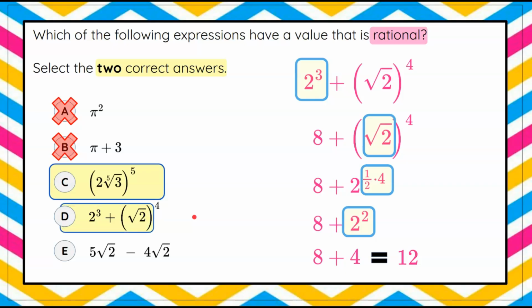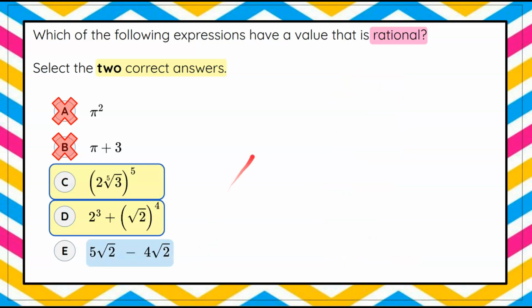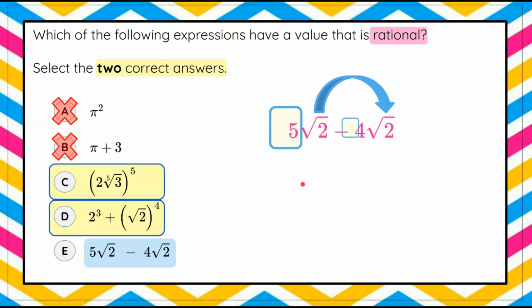So we have our second answer. I want to look at E just to be sure I have not made a mathematical error. When I look at 5 times the square root of 2, subtract 4 times the square root of 2, these are like terms because they are both being multiplied by the same square root. So I'm going to keep the square root and subtract these factors. 5 subtract 4 is 1, multiplied by the square root of 2.